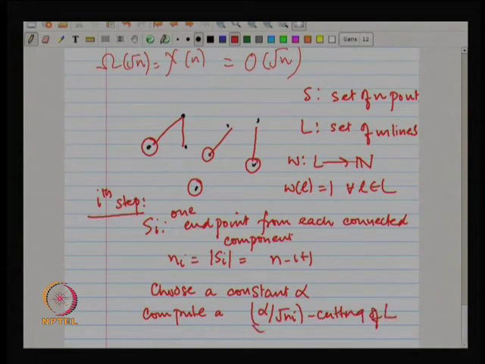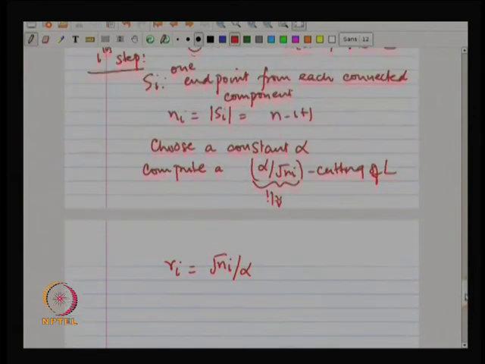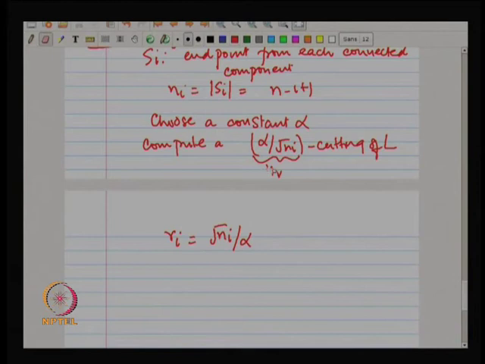So R is a value, this is 1 over R, am I right? If you want to think about it, the R I have chosen is this value. So think of this as a 1 over R cutting that I am computing. Okay.